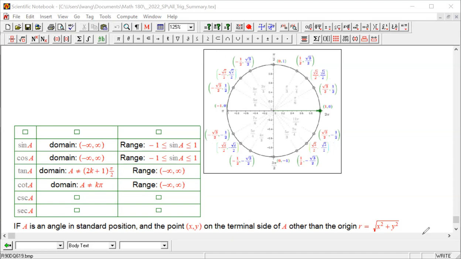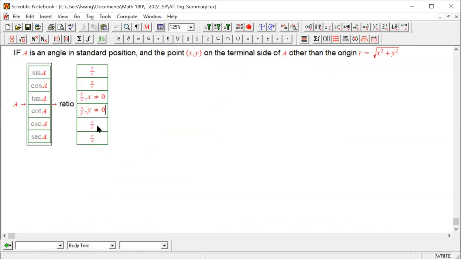And for cosecant and secant it's actually the same idea. Let's look at cosecant. Basically, the denominator is y. Therefore, y cannot be 0. So what will cause y to equal 0?